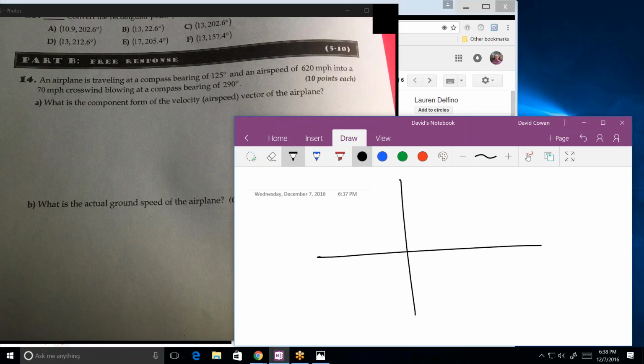Doesn't it mean that you start at the y-axis, then you go 125 degrees to the east, kind of? I think so, but you want me to look it up? I think I can find out really quick because I'm on the vector chapter.